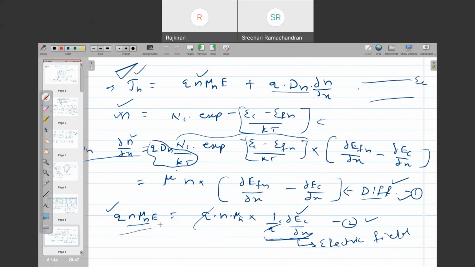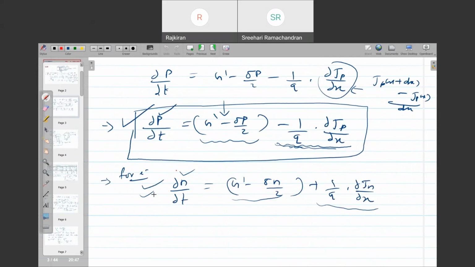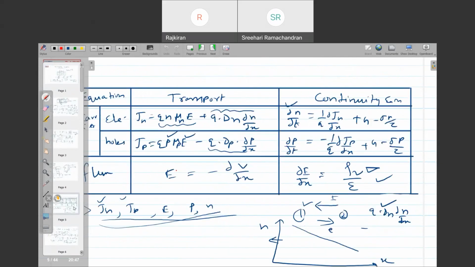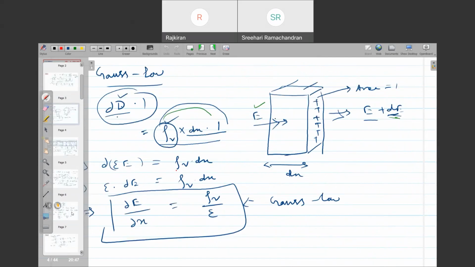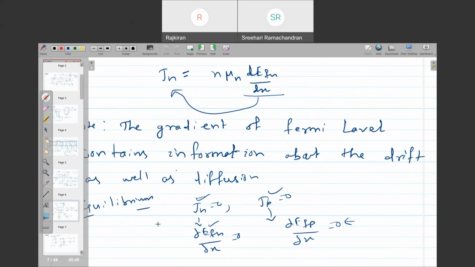When I add drift and diffusion, both will get cancelled, right? Next we get Jn is equal to q mu n dFn by dx. Right? This is the thing I'm talking about.